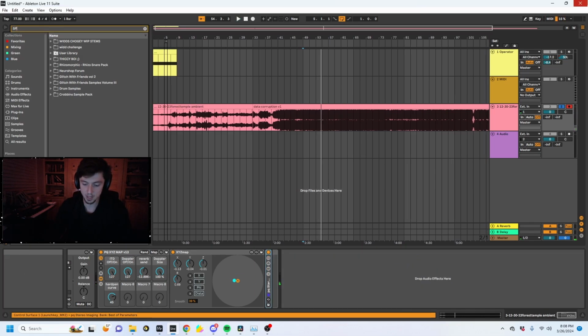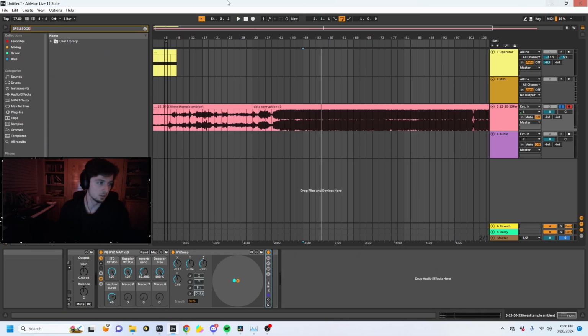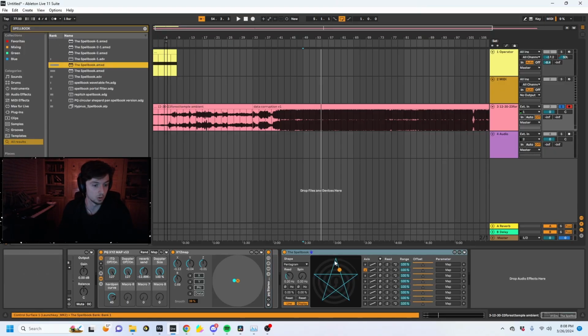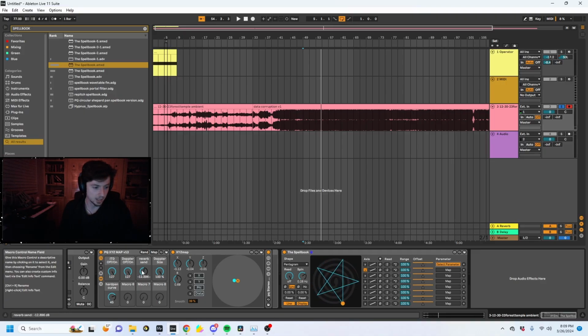And then also something that I have been having fun with is using modulation to control the locations. So I like to use Spellbook for one. If I set this to turn off read mode and just have it spin like this, right? Then I can assign the x-axis to the z-axis. And then I can assign the y-axis to the x-axis, right? And then just lower the range of both of these.